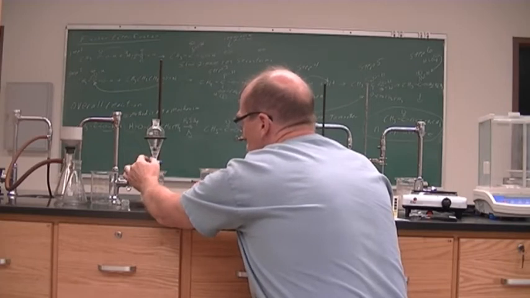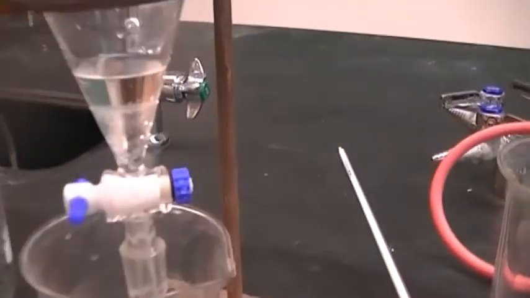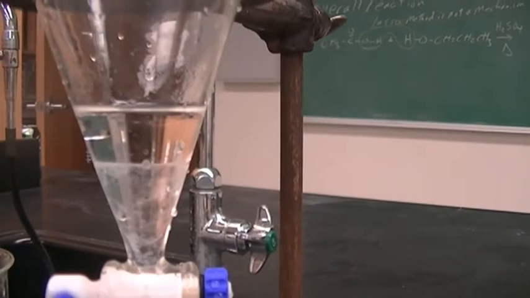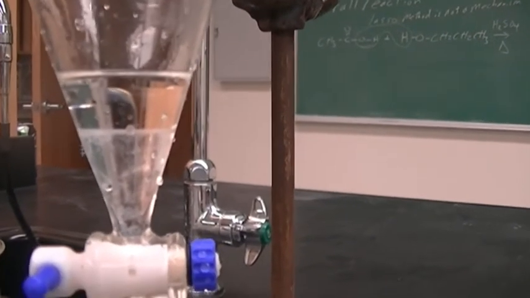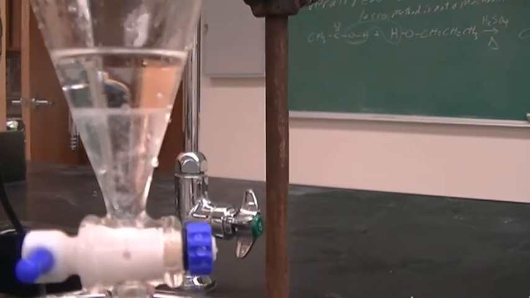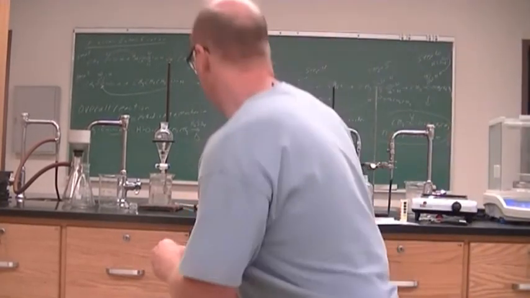So you should clearly see, I'll get it a little closer, the two layers. You've got the clear colorless product layer on top, and then you've got your aqueous layer on the bottom.